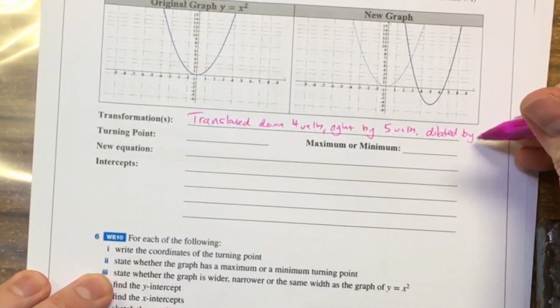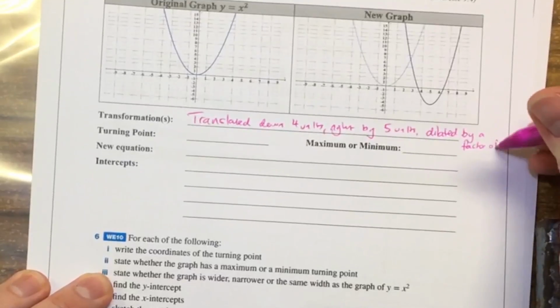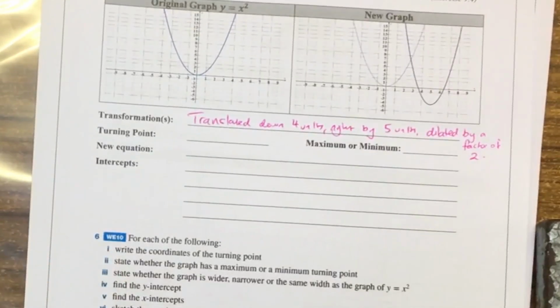But how can you tell? Well, it's skinnier, about half the width it was before. I can do an elaborate proof, which we'll talk about a little bit later. At year 10 level, as long as you can see that it's been dilated, that's fine.